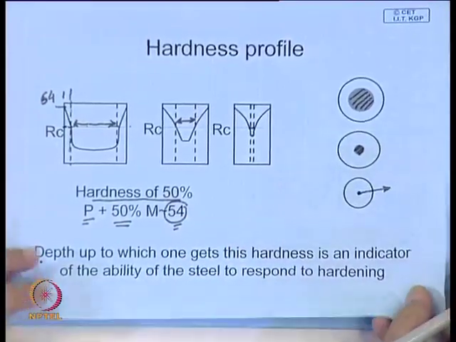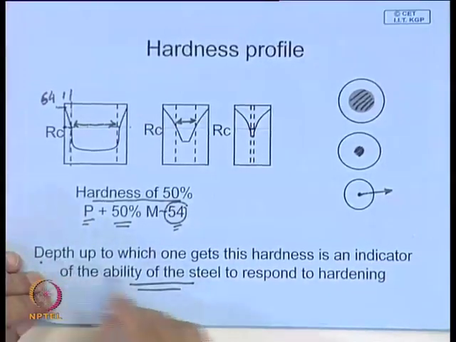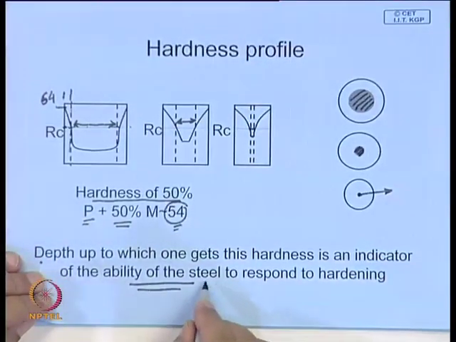Or you can say depth of hardness is an indicator of the ability of the steel to respond to hardening, and this may be one of the definitions of hardenability. Now, let us try to have a little more quantitative definition.